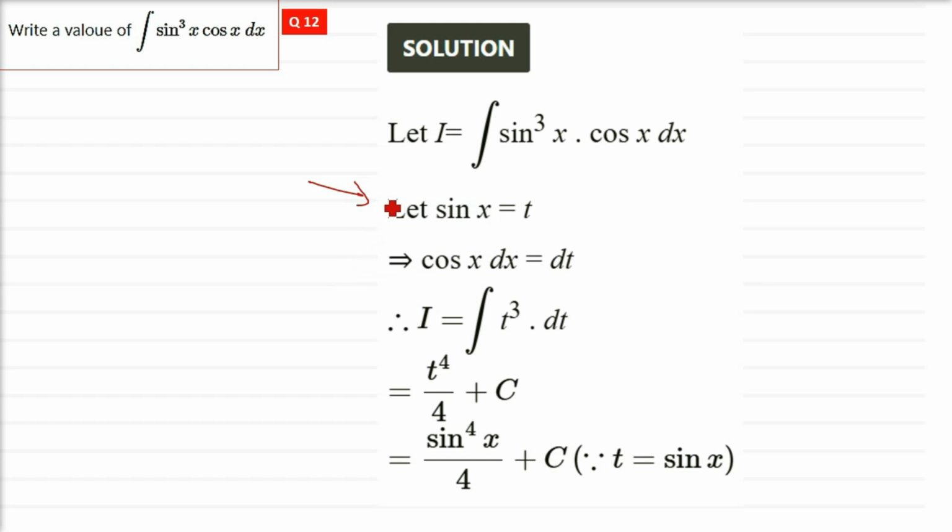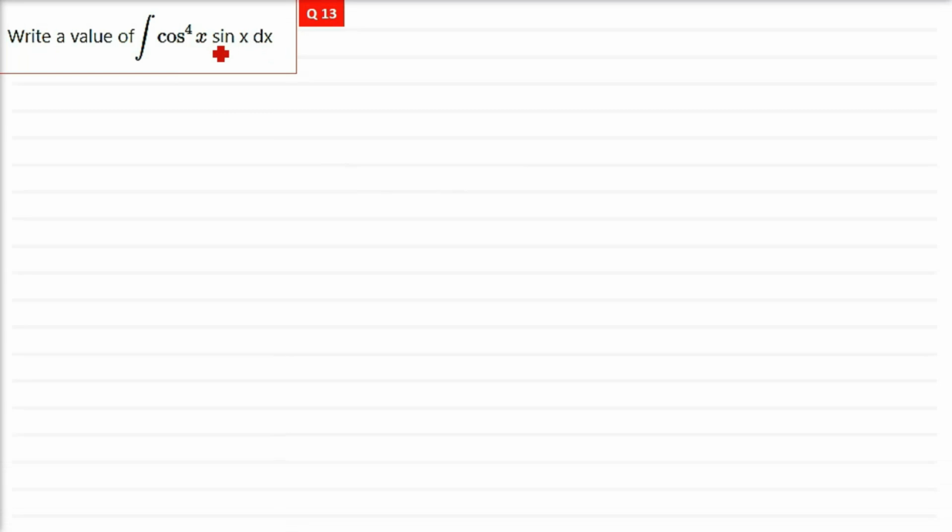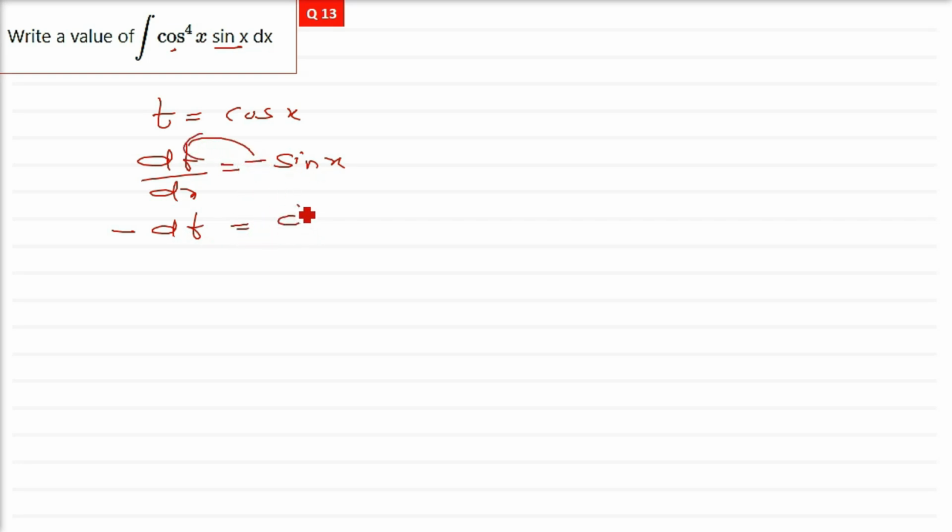And now if you have understood the previous question, this question will be just peanuts for you. But there is another question which is coming up, which is just the repeat telecast of what we have seen. Here only the sin x and cos x have swapped places. So t we'll take as cos x, dt by dx will be equal to negative sin x. So cos x differentiation is negative sin x. So minus dt will be equal to sin x dx.